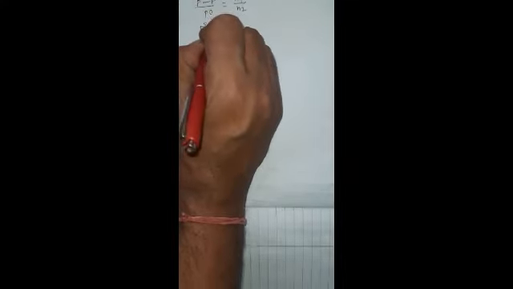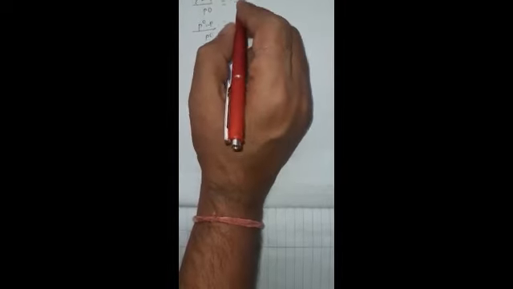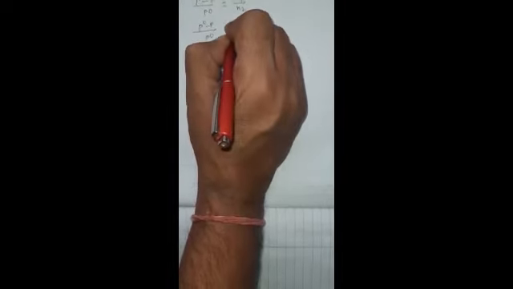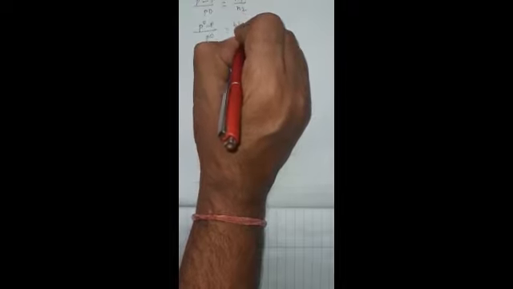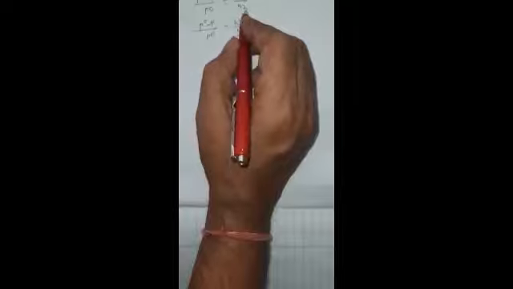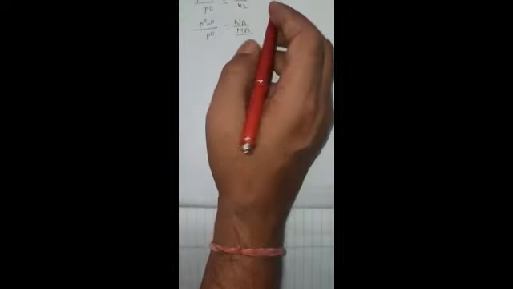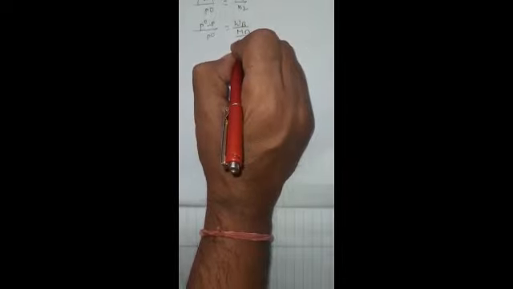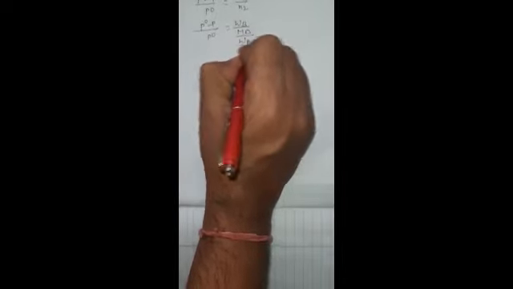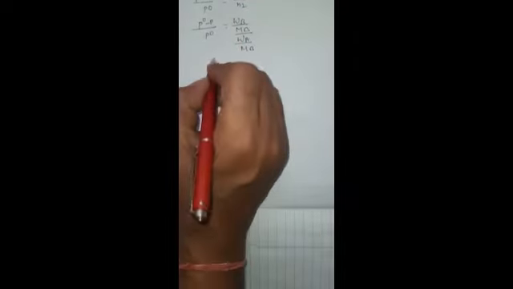P naught minus P by P naught is equals to N1, number of moles of solute, given mass of solute by molar mass of solute, divided by number of moles of solvent, given mass of solvent by molar mass of solvent.